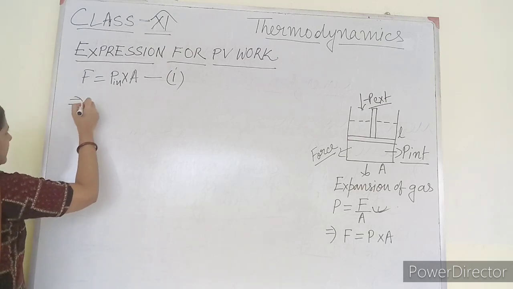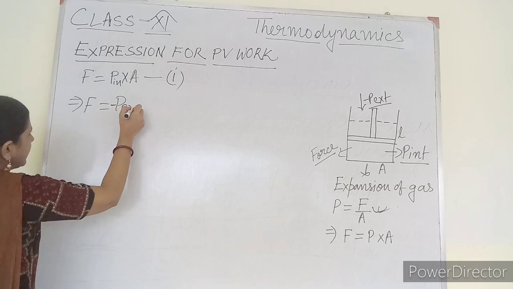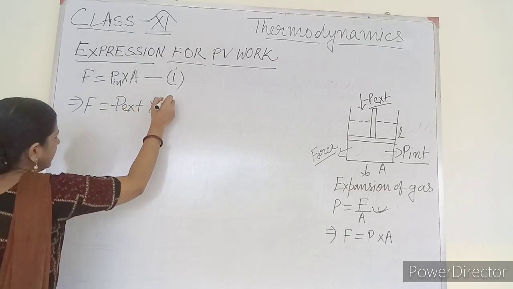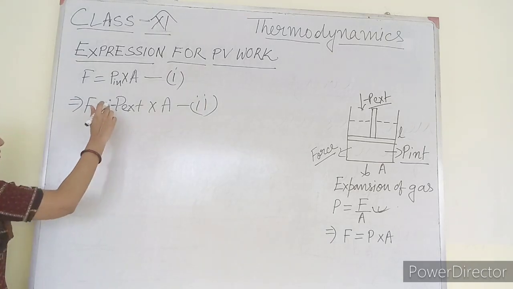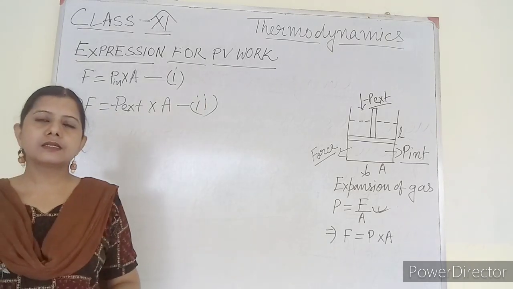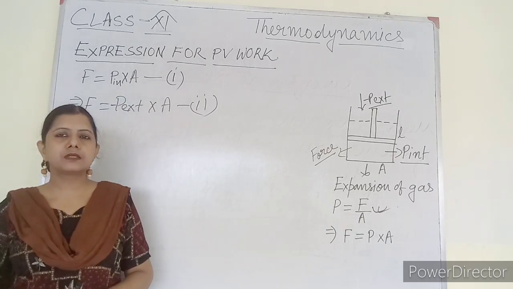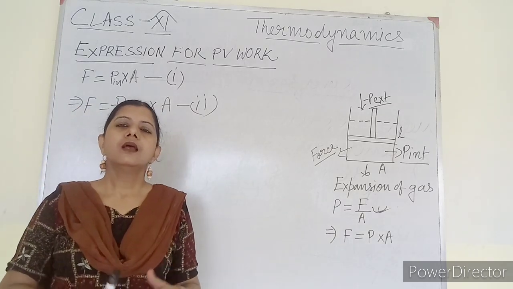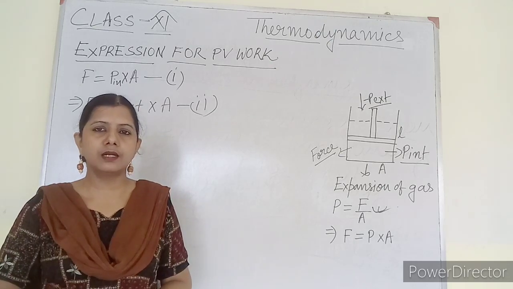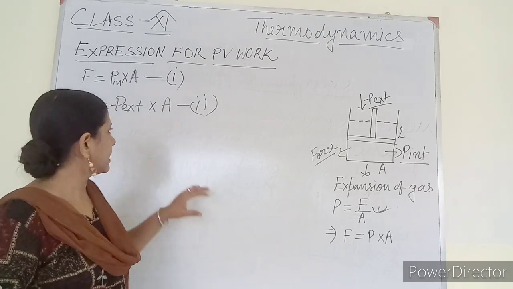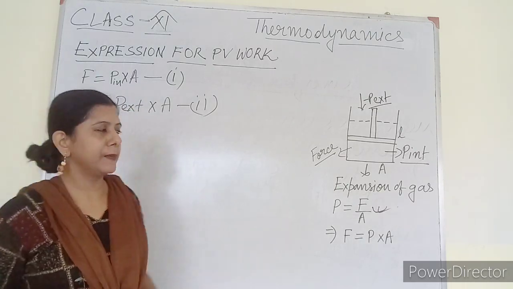So I will write F equal to minus of P external into area. This is my second equation. I have written the minus sign so that at equilibrium the piston will stop and P internal is going to be equal to P external, but the direction is opposite. That's why I have written minus of P external into A.